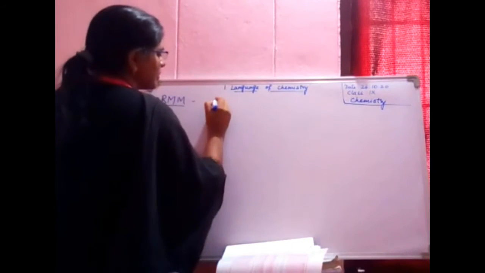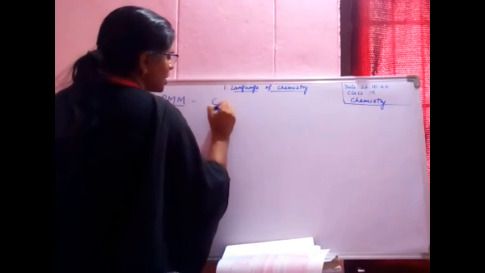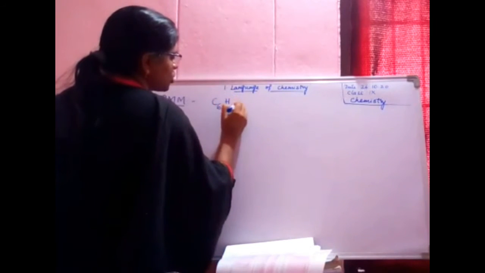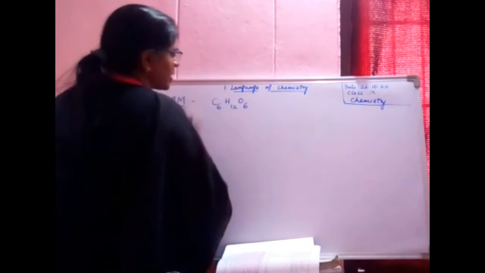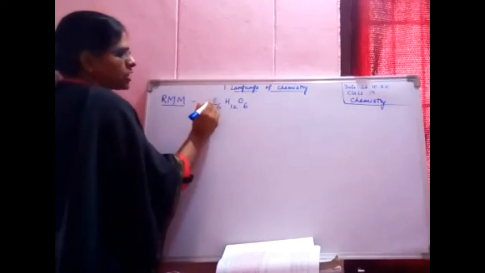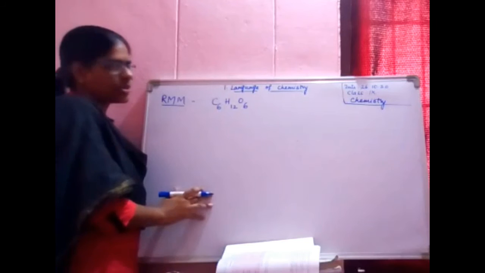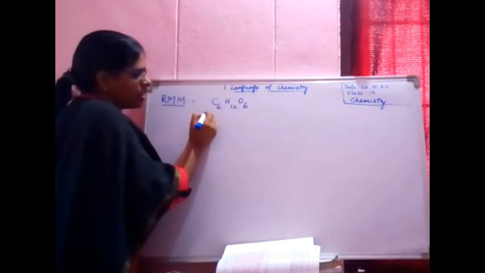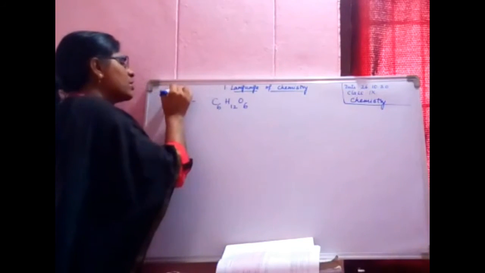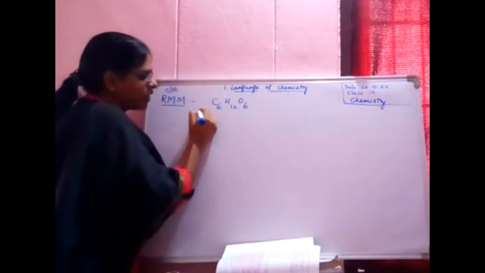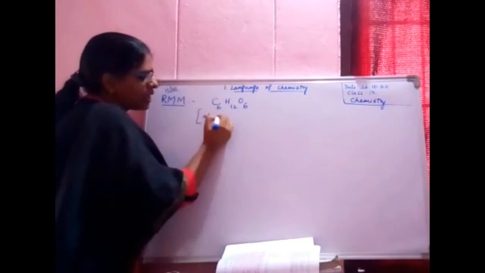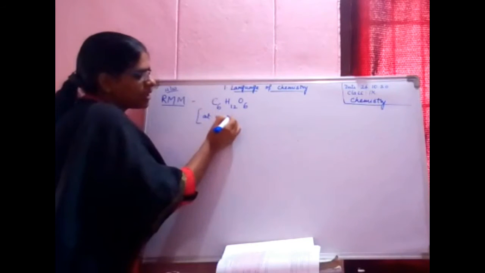Let us see. I have given you C6H12O6. You already know this. What is this? Your glucose. You do this for homework. I am giving you the atomic masses.